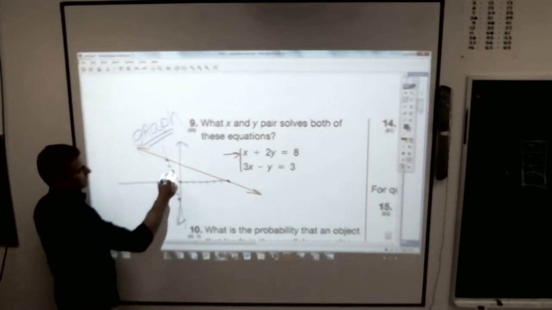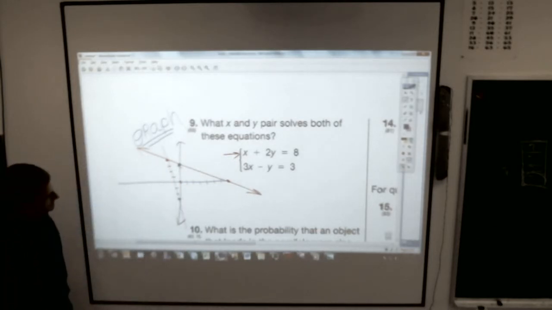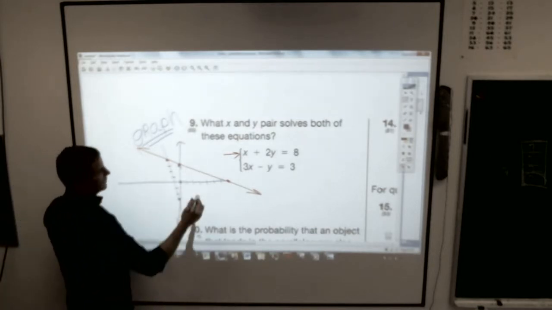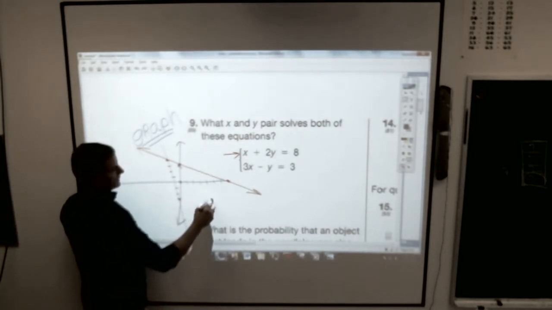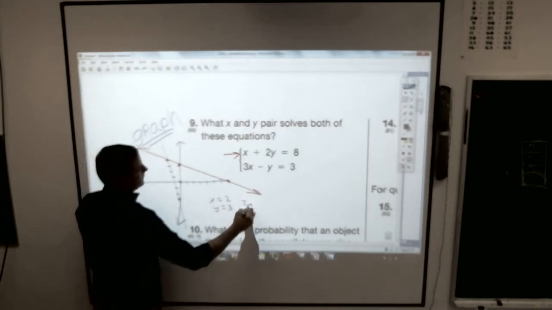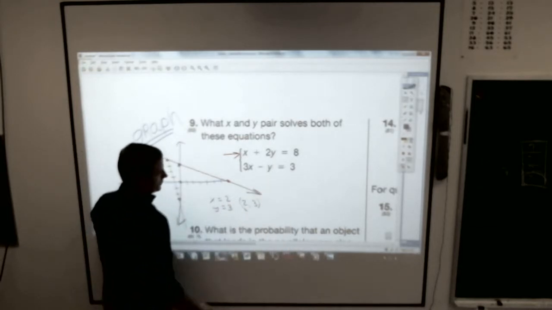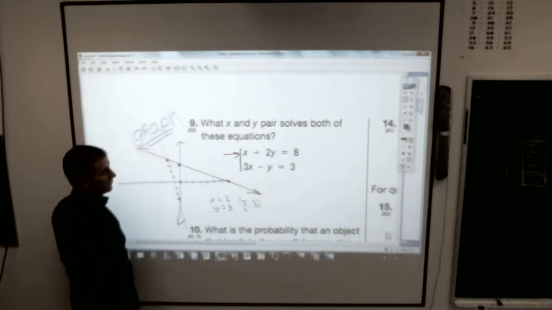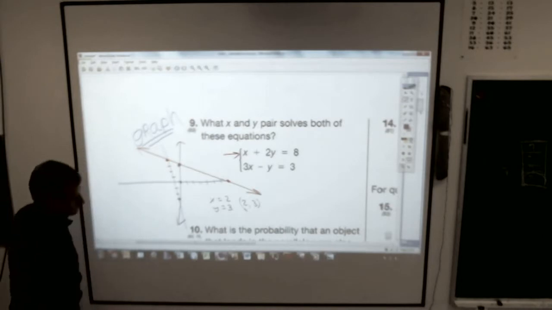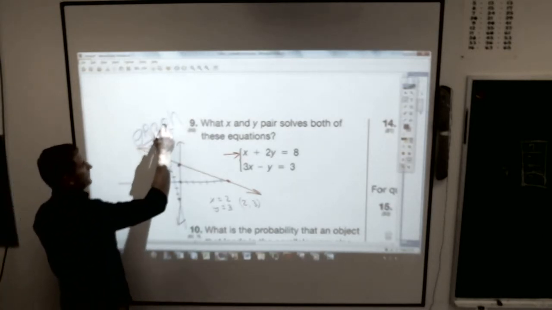And if I were to guess based on my poorly sketched graph there, there's supposed to be 2, 3? Yes. Yeah, I was a little off on that thing. X equals 2 and y equals 3, or 2 comma 3 would be the same thing. If you put 2 and 3 in these, they'll both work. It's the only combination of things that'll work. So graph and find where they cross.